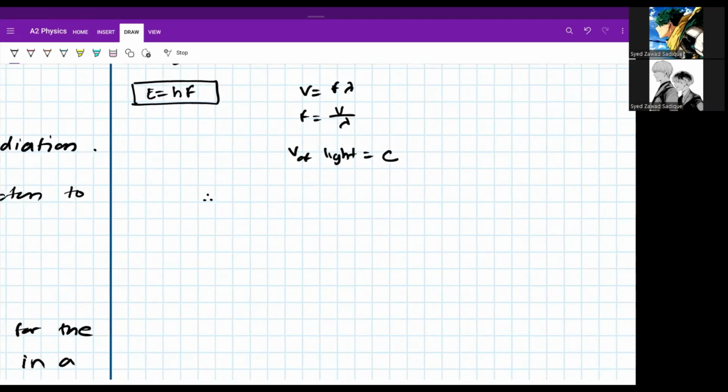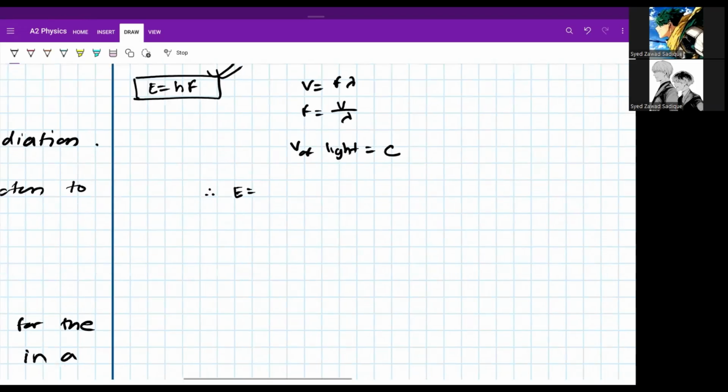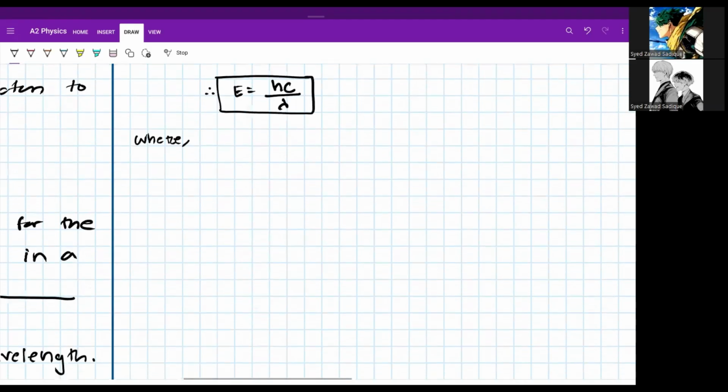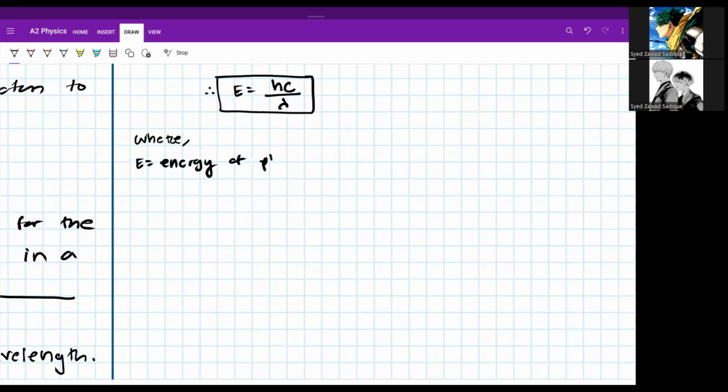Therefore, our final equation, I mean, we can also use the previous one, but most of the time we use E equals hc by lambda. This is another equation, where E is the energy of a photon.